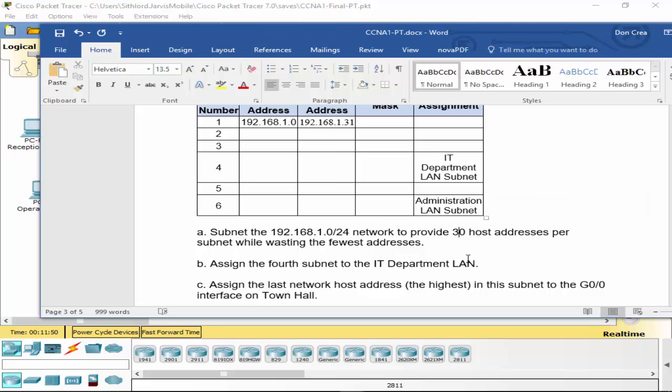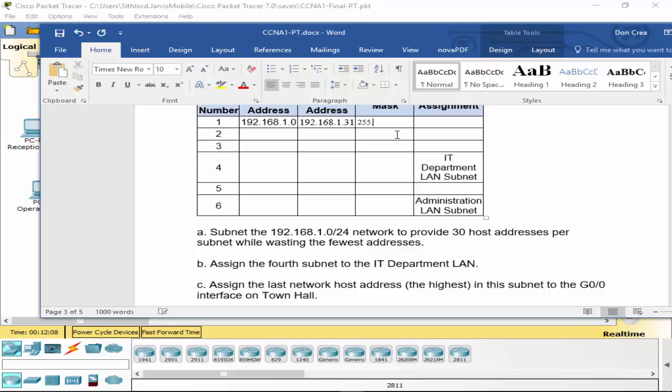We can determine that. So our next one, /25 would give us 128. A /26 would give us 64. So this is a /27.